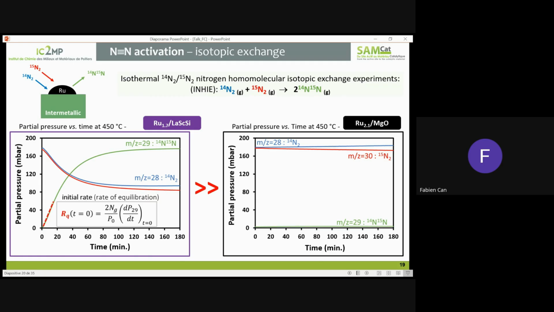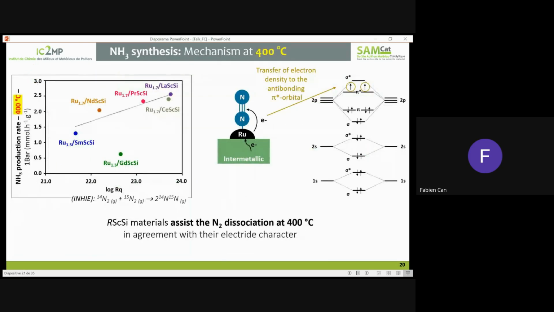The kinetics, the initial rate of equilibration, is obtained by the integration of the beginning of the slope, as reported here, and we can obtain the initial rates for each catalyst. We have reported the ammonia production rate at 400 degrees C versus the initial rate of exchange.